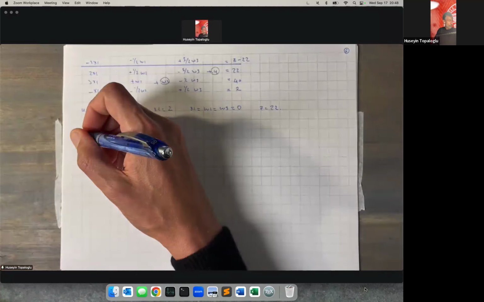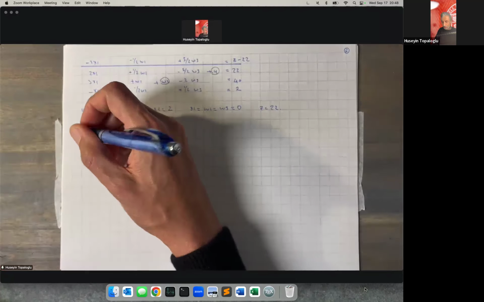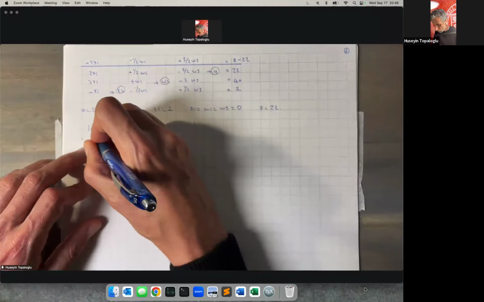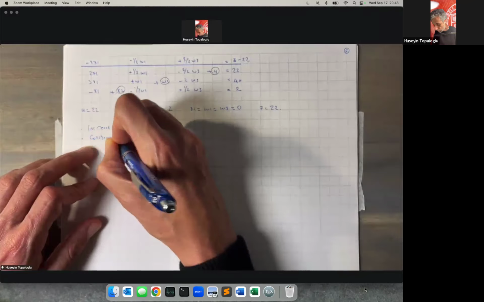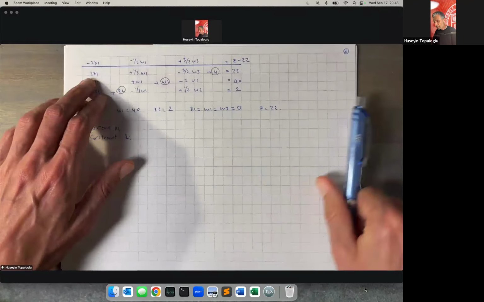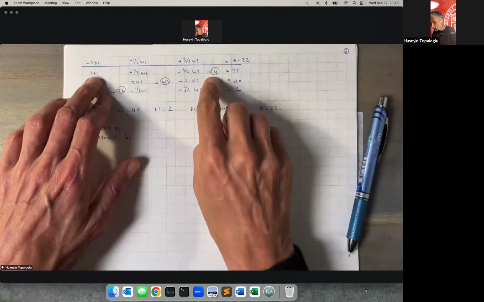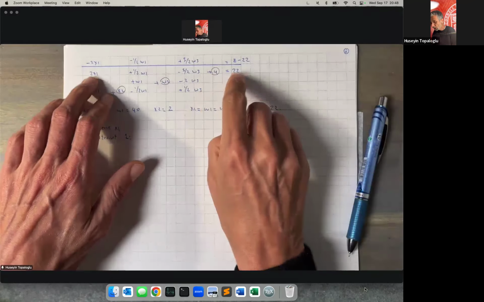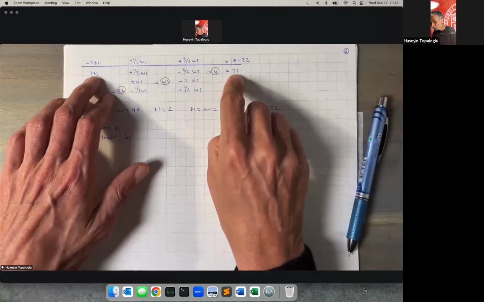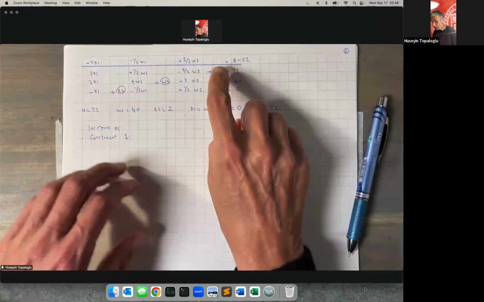Okay, let's increase x1. So the question is, how much can we increase x1 before we start getting trouble? From the first constraint, how much can I increase x1 before u starts turning negative? I can increase x1 all the way to 22 over 2. That's 11 before u turns negative.